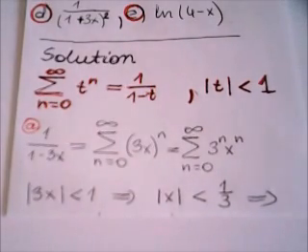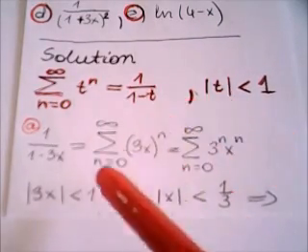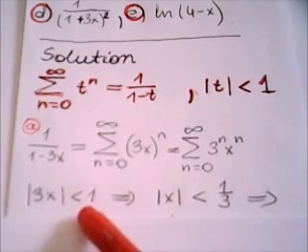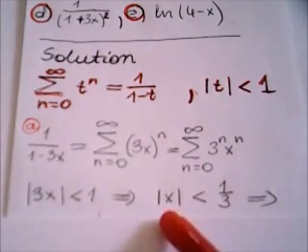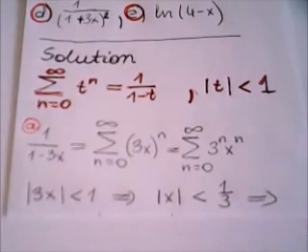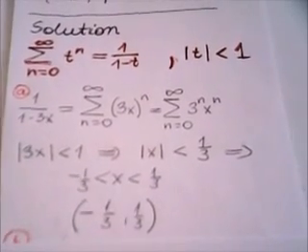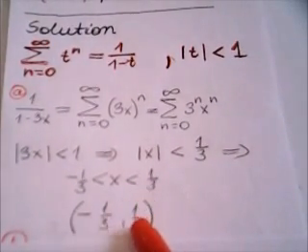We replace t with 3x and we substitute in this place. Now we have absolute value of 3x is less than 1. We divide it by 3 and we obtain absolute value of x is less than 1 over 3. And finally we have interval of convergence minus 1 over 3, 1 over 3.